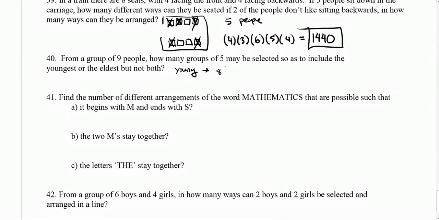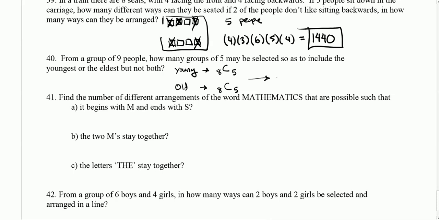So there's 8 to choose from. It's a combination. We're choosing 5. The second case is when we include the oldest, but if we include the oldest, we can't include the youngest. So again, we still have 8 people we're picking out of. It's a combination because the order doesn't matter. We're still picking 5. So we're going to find these two and add them together.